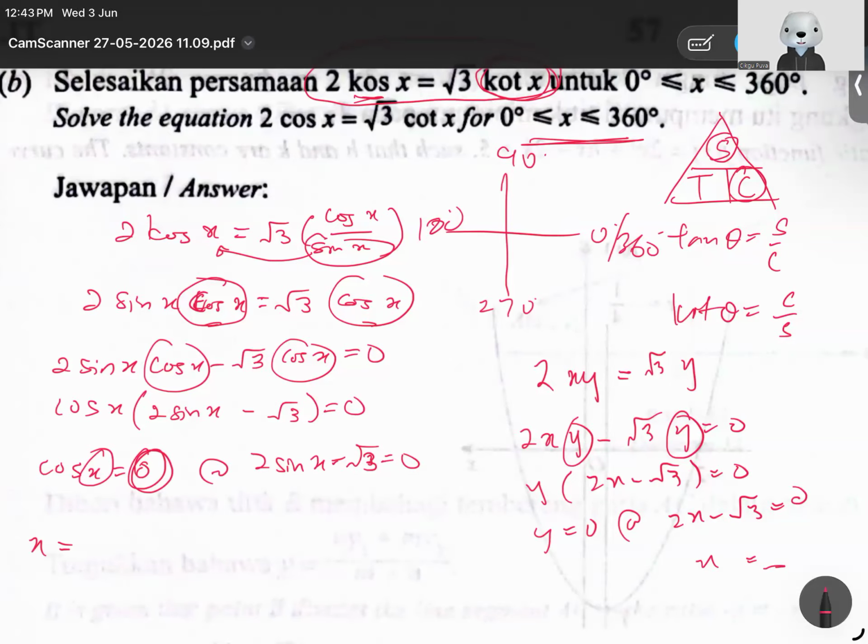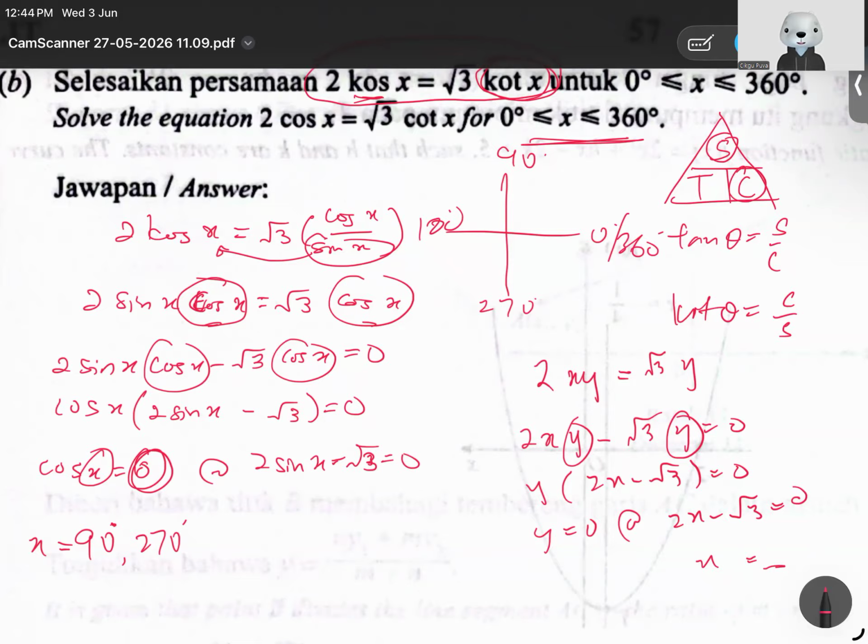In this case, cos 90 you'll get 0, so I'll put 90 degrees, and 270 you're getting as well. Some students will memorize that cos 90 is 0 and cos 270 is 0. If you don't want to memorize, it's fine, but you take a few seconds to check using the calculator.